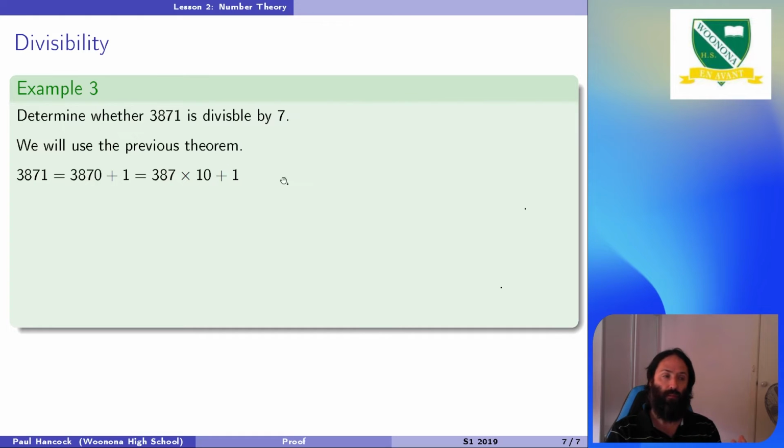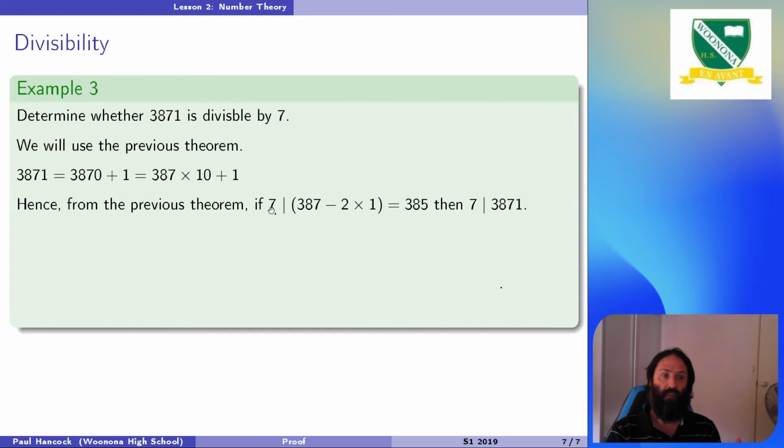What our theorem tells us is that if 7 divides 387 minus 2 times 1, x minus 2y, then it divides n, and n was 3,871. So if we can establish that 7 divides 385, then we'll know that it divides 3,871.